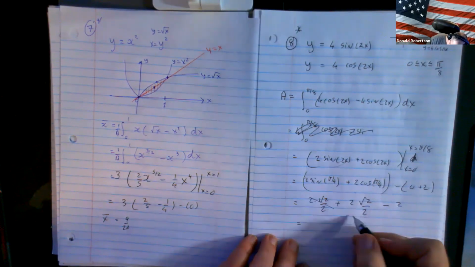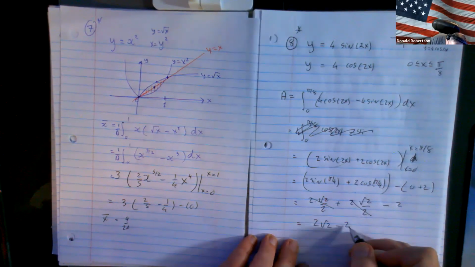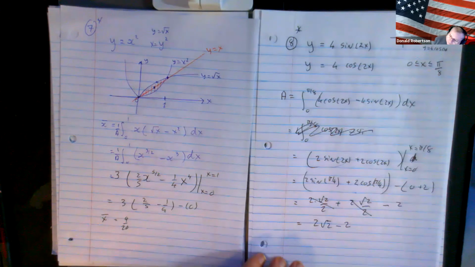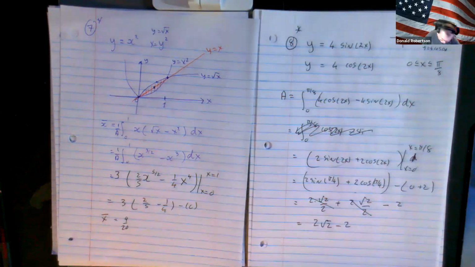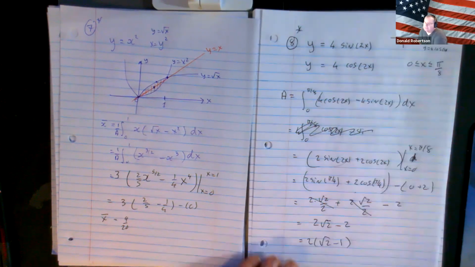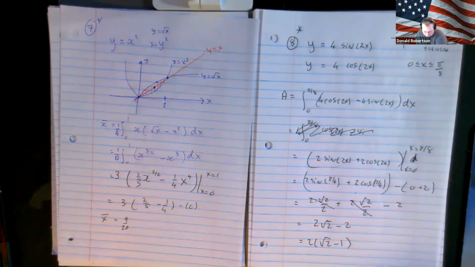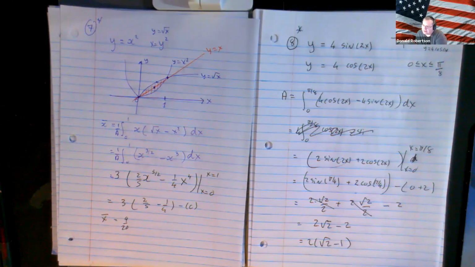That gets you root 2, that gets you root 2. So 2 root 2 take away 2. And I don't know if it helps, but I would go with the A one.